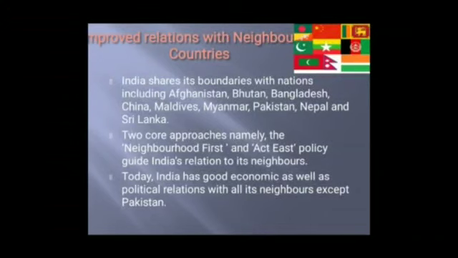And then the regional institutions are important for India to emerge as a regional leader in South Asia, like India participated in SAARC for development in the region.